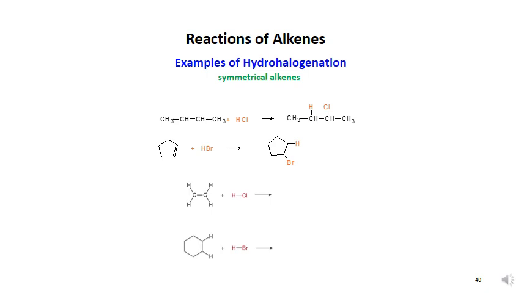Okay, so now let's do some examples with symmetrical alkenes. And you'll see what we mean by symmetrical in just a second. So the HCl adds by sticking an H here and the Cl here. Now, why is it symmetrical? Because that side looks exactly the same as that side. That's the symmetrical part. You could basically make a mirror, and that side looks the same as that side.